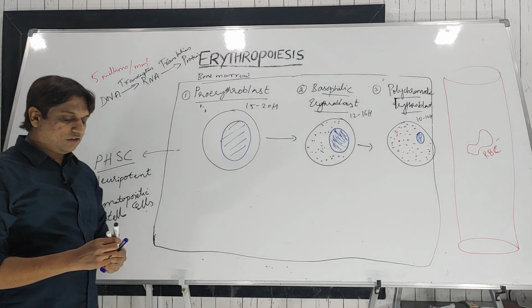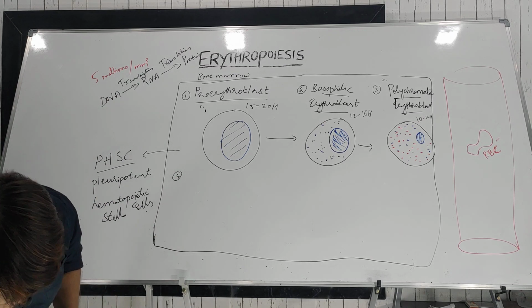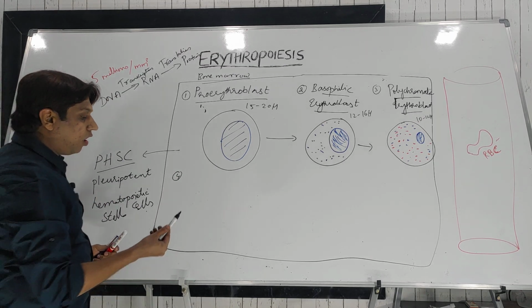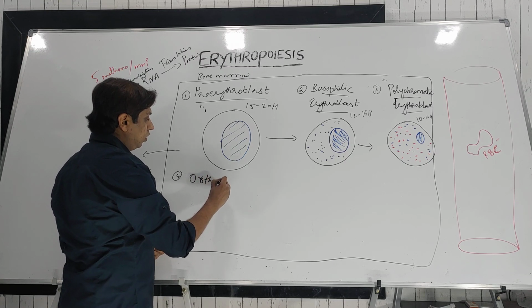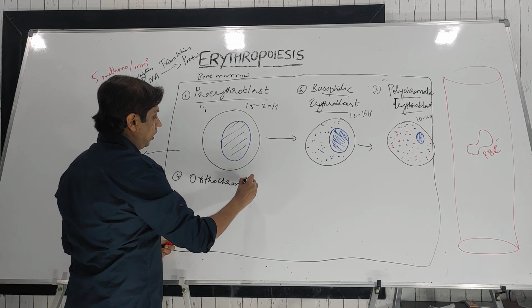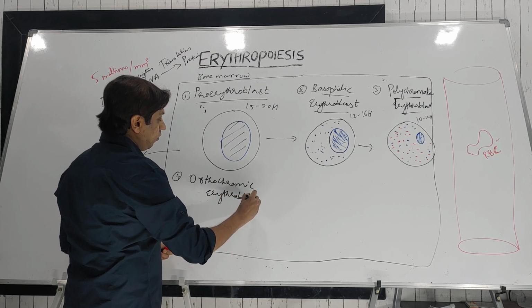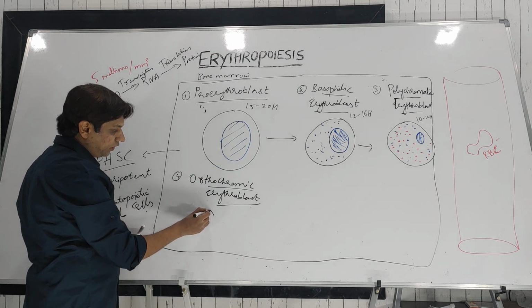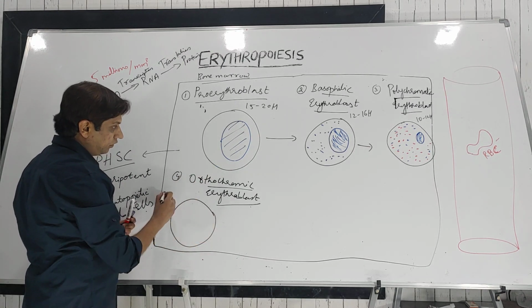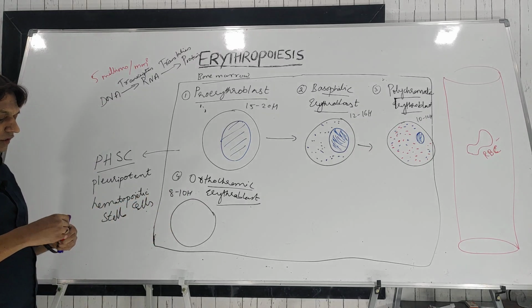Then the next stage, that is the fourth stage, is known as orthochromic erythroblast. In this orthochromic erythroblast, the cell size further decreases, it will be around 8 to 10 microns, and the nucleus further condenses.